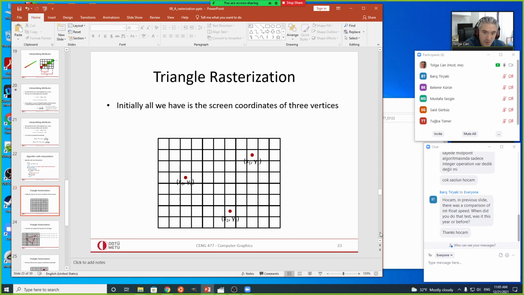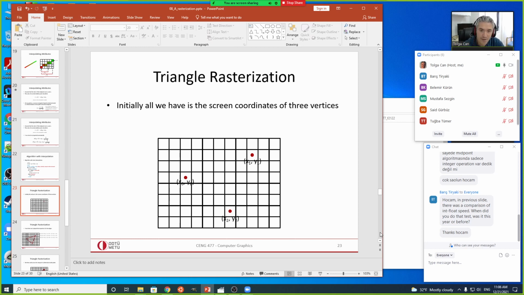And the last thing we are going to talk about today is triangle rasterization. I plan to finish it by the end of today's lecture, so that we will cover everything required for the complete implementation of the second assignment.